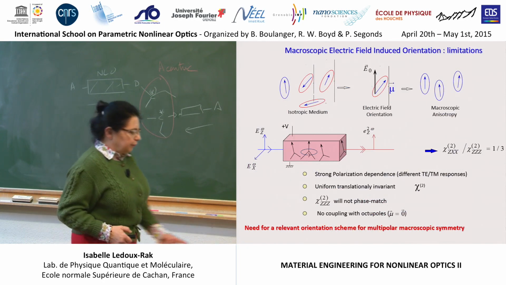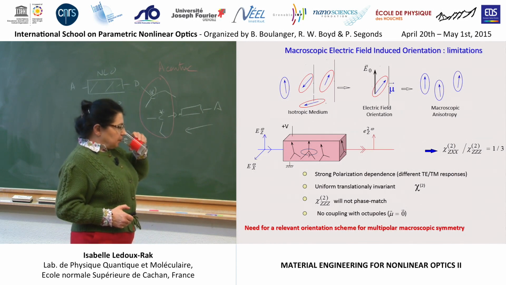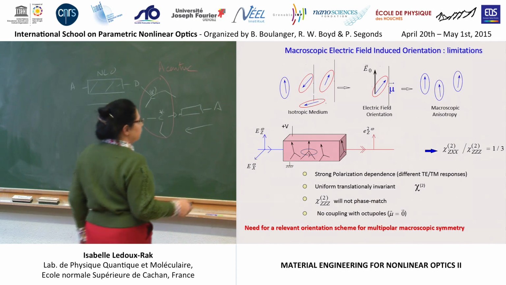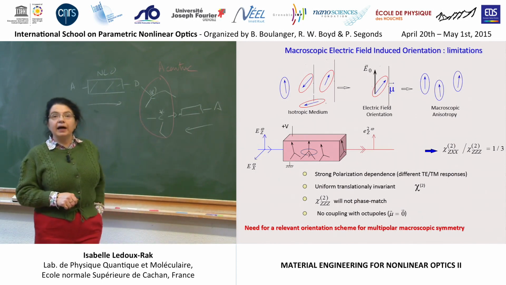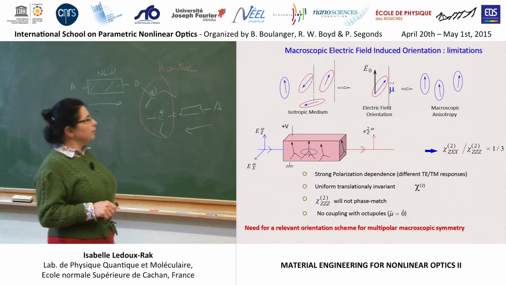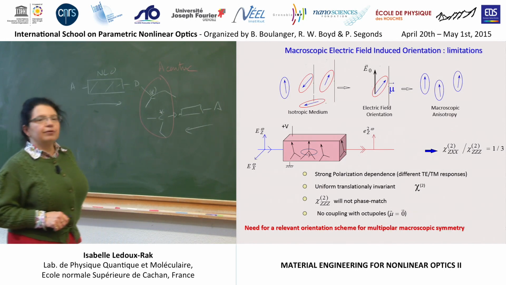So we have focused on dipolar poling under electric field. We have been able to show that it's possible to have highly nonlinear materials, but there are some limitations. We have seen the problem of reorientation of molecules.